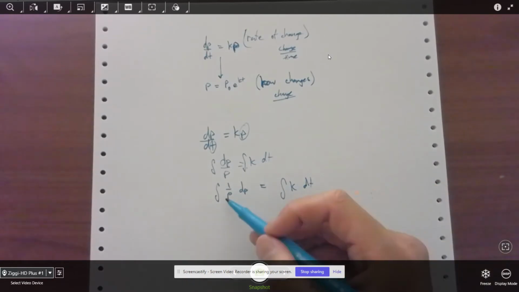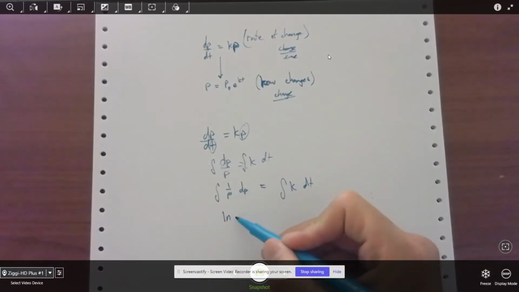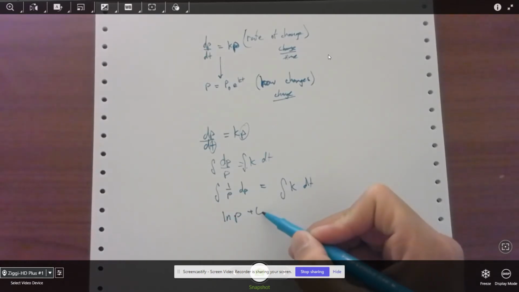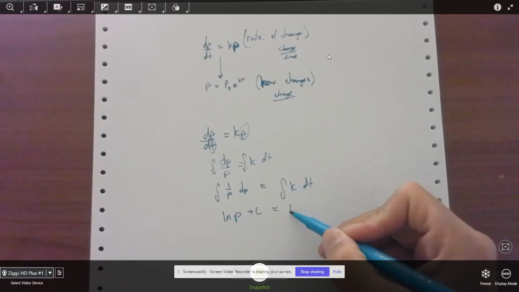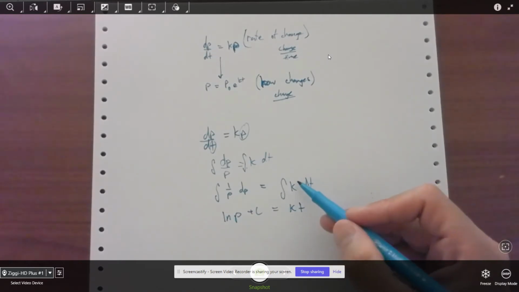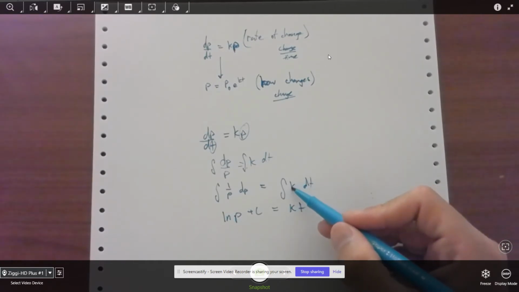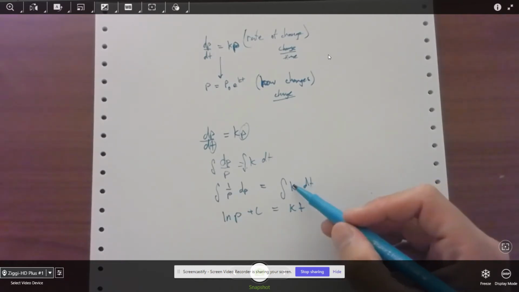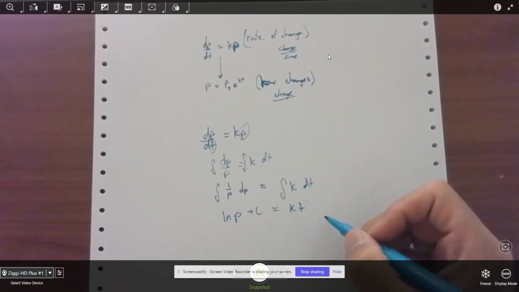The antiderivative of this would be ln of P plus C, there's a constant C, is equal to kt. If you think about it, just think of this as a constant, like 3. The antiderivative of the constant 3 with respect to t would be 3t, but here it's k, so it's kt plus C.